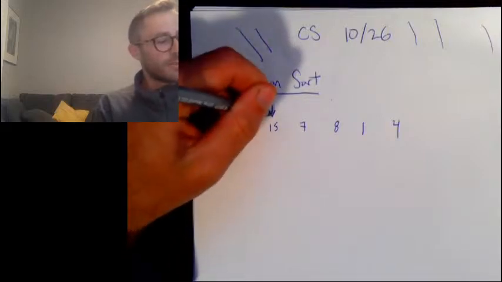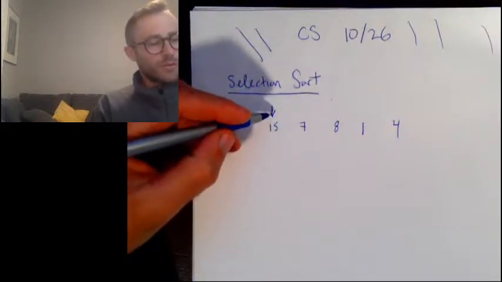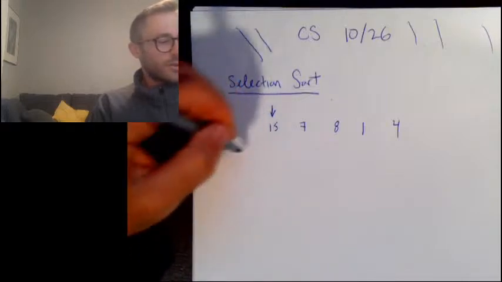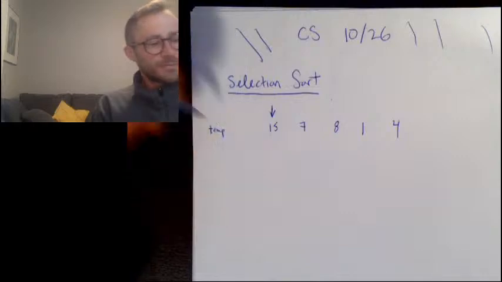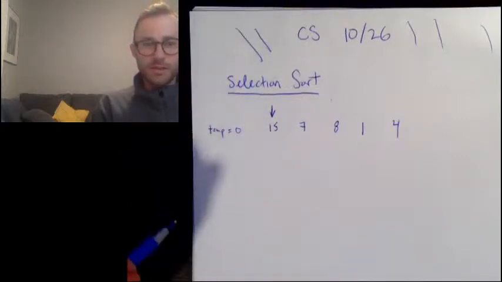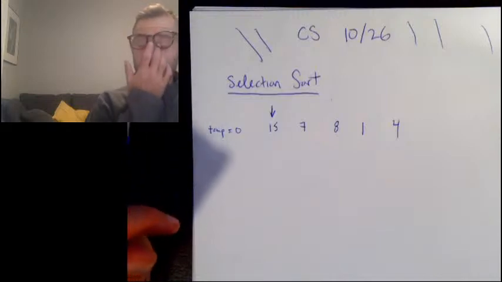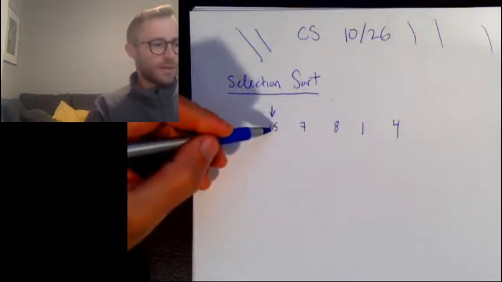Okay, so we start here, and so what I would do first is I'm going to have an int temp, which I'm going to start off as 0. So I'm going to assume that 15 is the smallest element in this array, okay?